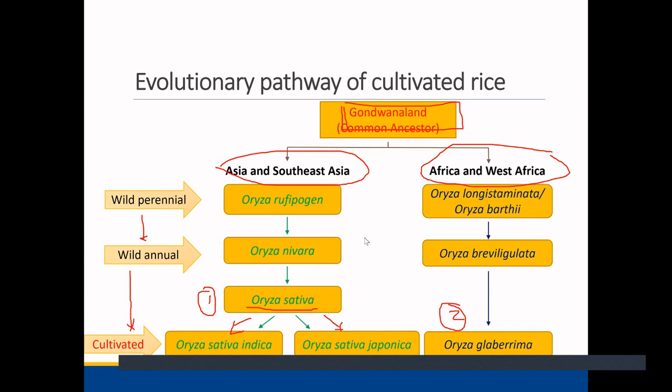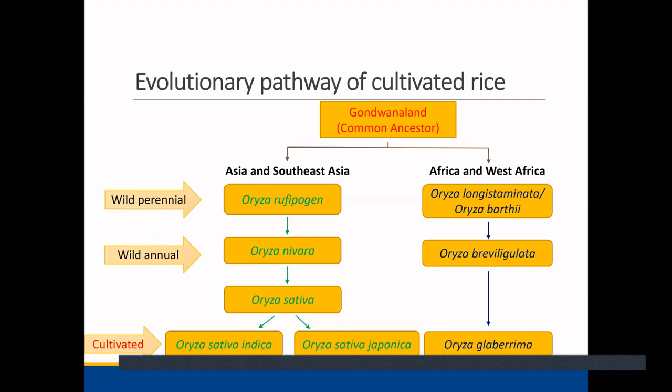So that's a summary you should know, of how this evolution occurred in two different places. Earlier we had wild types, wild perennials, then wild annuals, and then from that we have cultivated types.